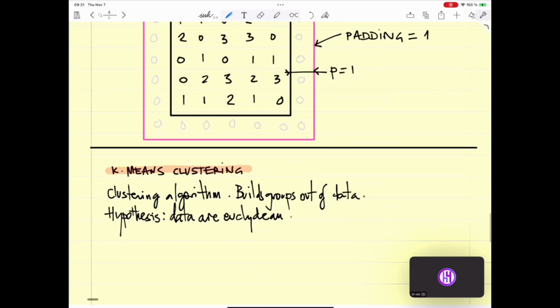The K is a parameter giving the number of groups in which the data should be clustered.